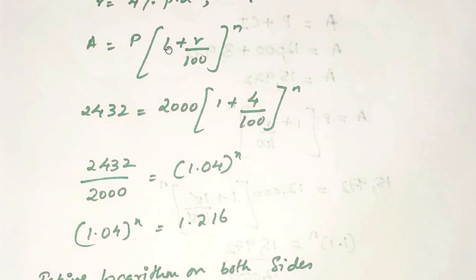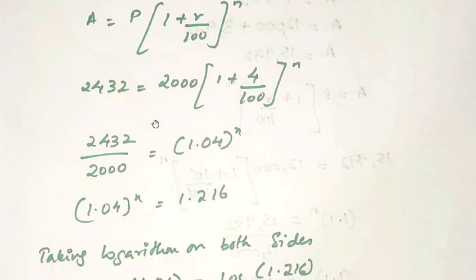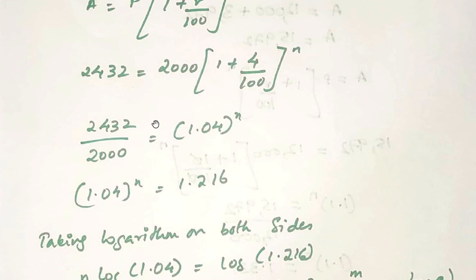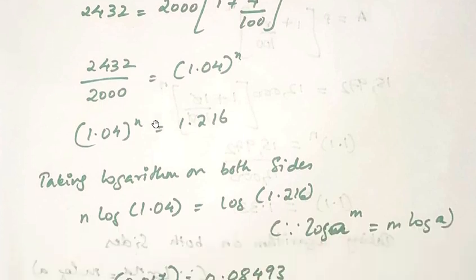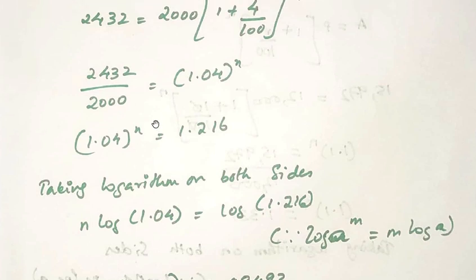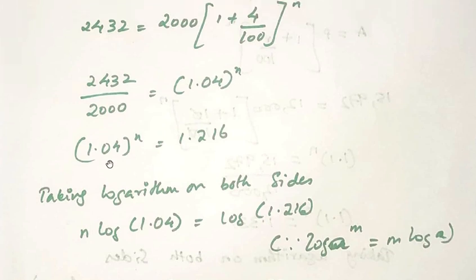So amount is equal to principal into 1 plus r divided by 100 to the power of n. 2,432 is equal to 2,000 into 1 plus 4 divided by 100 to the power of n. So 2,432 divided by 2,000 is 1.04 to the power of n.